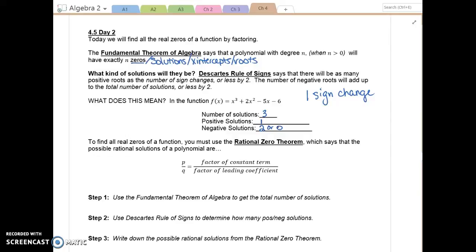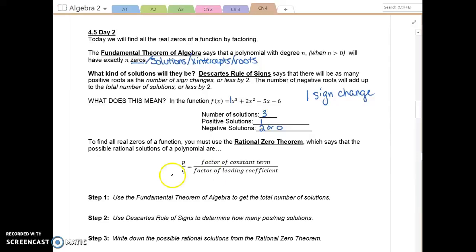All possible solutions of this function: you take the factors of the constant term divided by the factors of the leading coefficient. Now our leading coefficient is 1. And what is anything divided by 1? Well, like 5 divided by 1 is 5. It's itself.